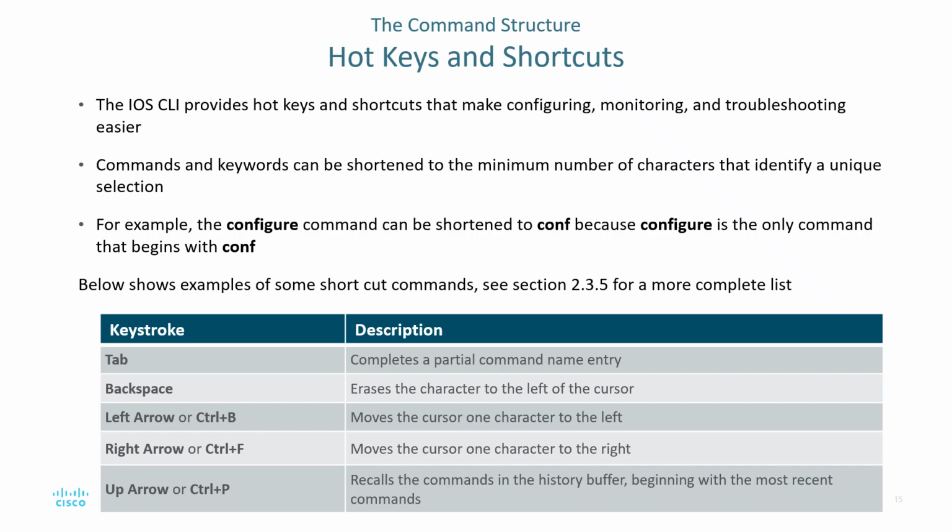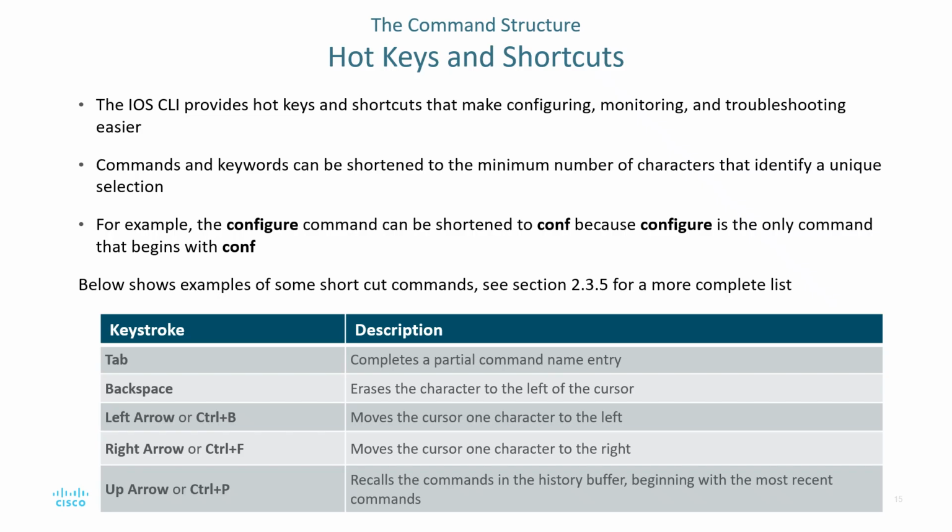Let's say that you type in CO, and you hit tab, and you get nothing, it just returns you with CO. This means that there's too many options available and your device does not know which one you want it to do. So next thing I would do is CON and hit tab key and see if that works. So you kind of have to step your way through letter by letter. And where it completes is the shortest version of that command.